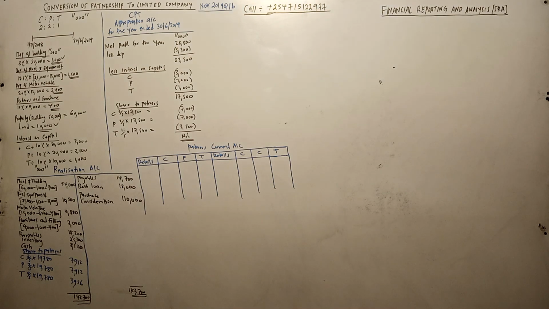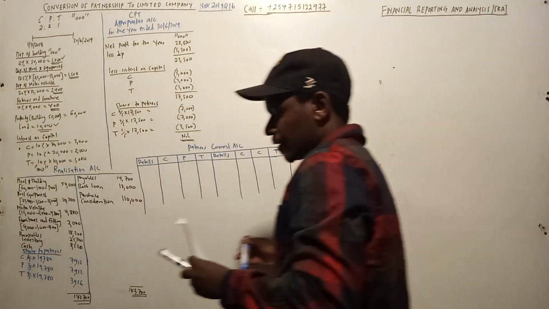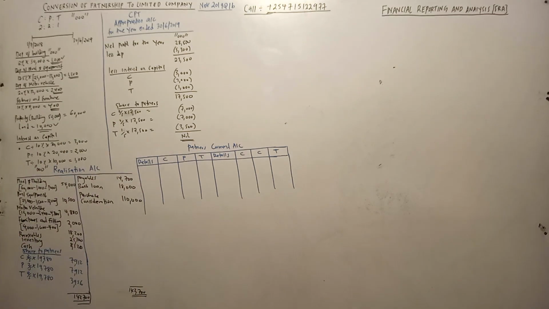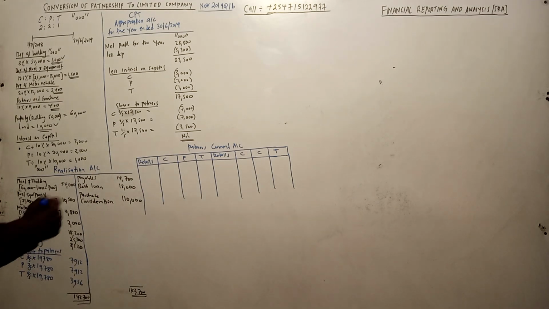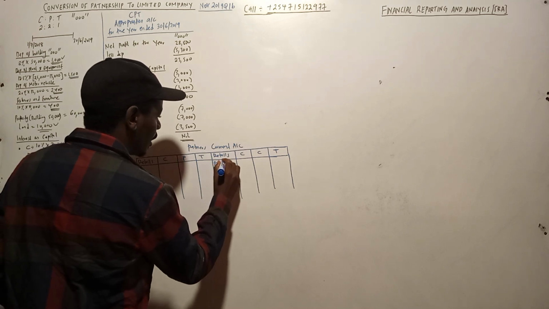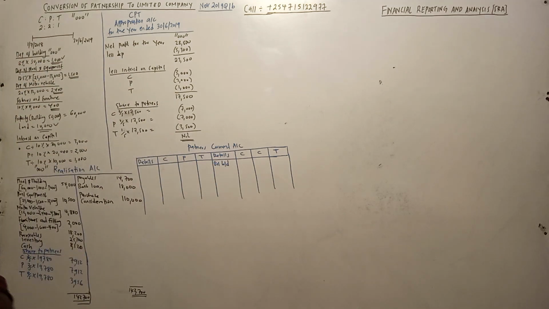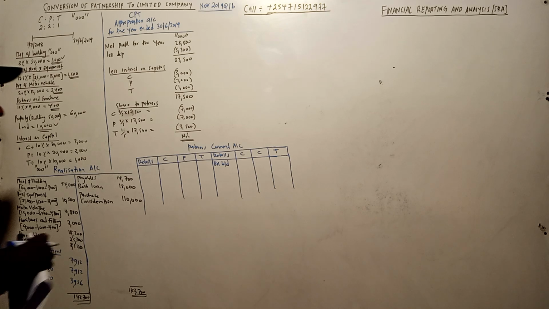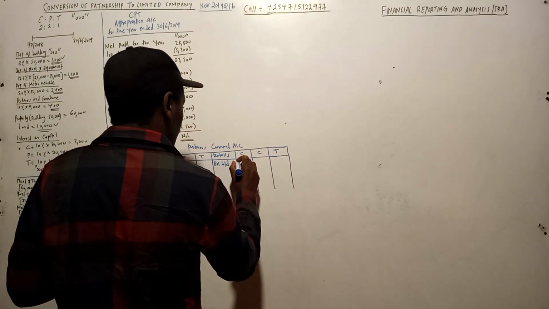We start with the balances brought down for the current account. The balances brought down from the partners are 4,280, 560 and 2,340.